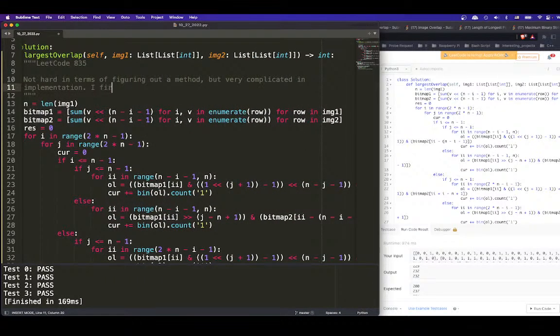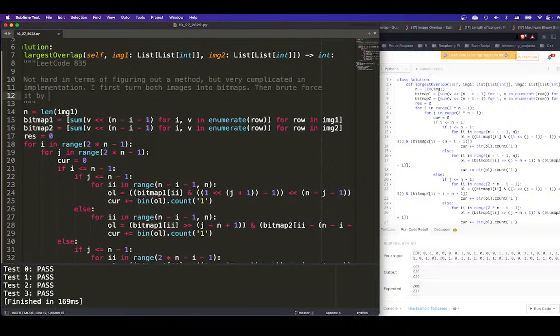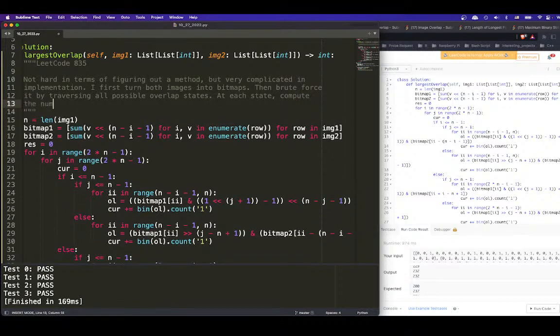I first turn both images into a list of bitmaps, then brute force it by traversing all possible overlap states. At each state, compute the number of overlapped positions.